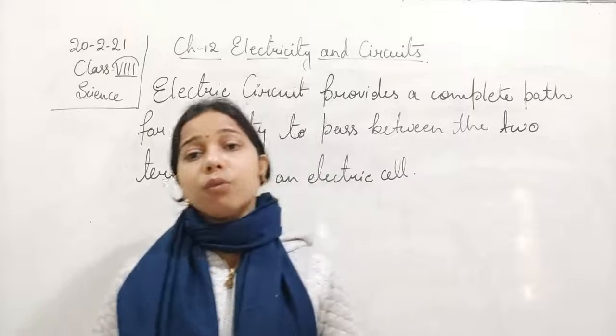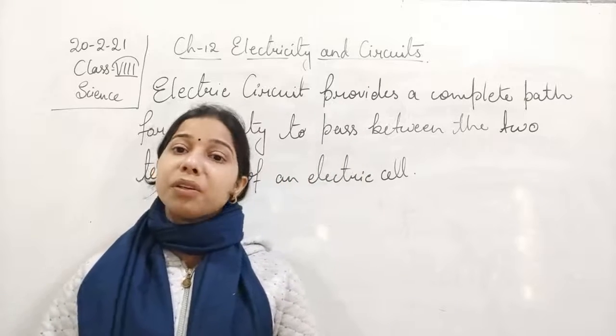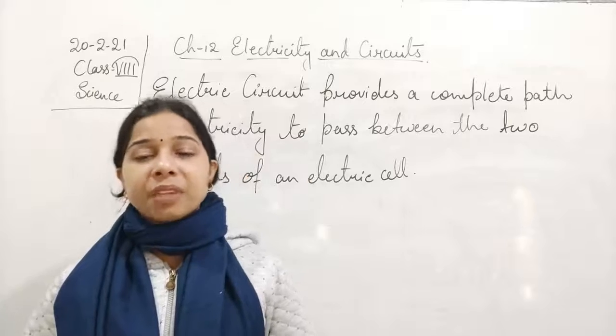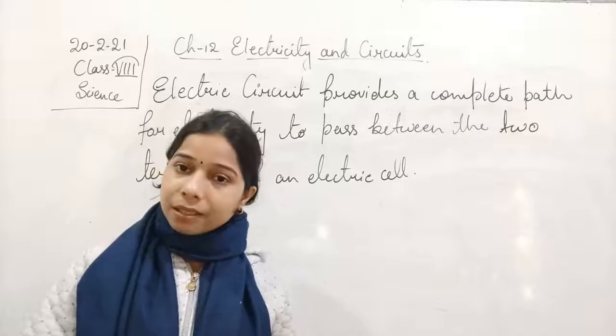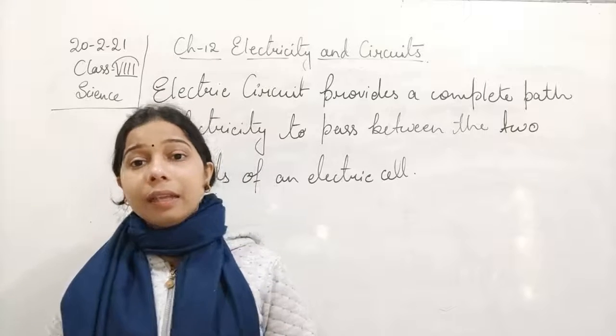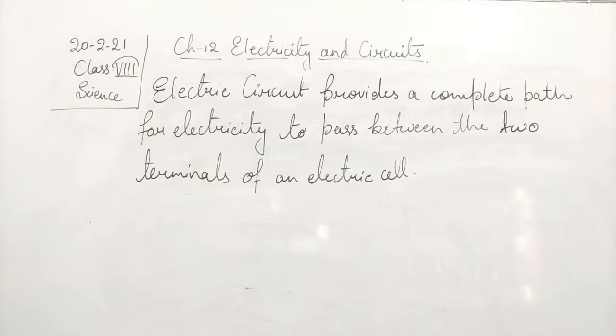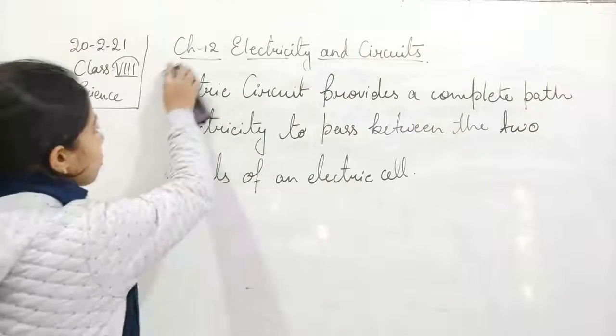Now let us move on and see what the different types of electric circuits are. It means a complete circuit or an incomplete circuit. Okay, so let us see the complete or closed circuit.